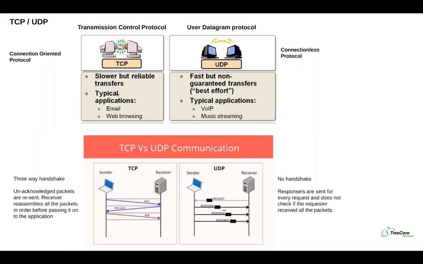Similarly, web pages that you're browsing, if it's all jumbled up out of sequence, you may not even understand what's written there. So there are applications that are very specific on all these. For those kinds of applications, it's better to use TCP as a means of communication.